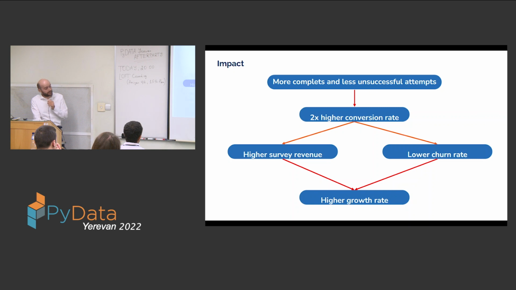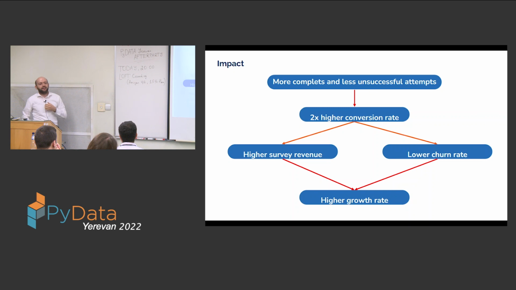Talking about impact, we are increasing the conversion. It means that we are increasing both user satisfaction and the revenue of the company. And during last month, as I have mentioned, we are competing with other companies as well. There is a big marketplace called Lucid. Actually, it is the biggest company in market research. On their platform, we became number one by earnings per click after implementing our model.